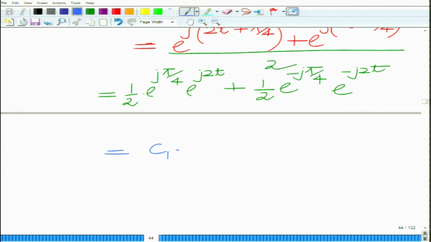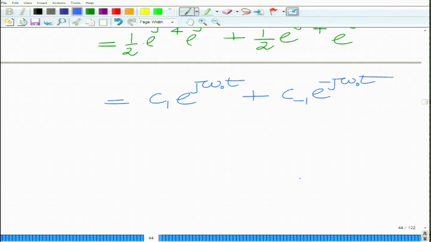which is equal to C1 e raised to j omega naught t plus C minus 1 e raised to minus j omega naught t. So, C1 is basically this coefficient.